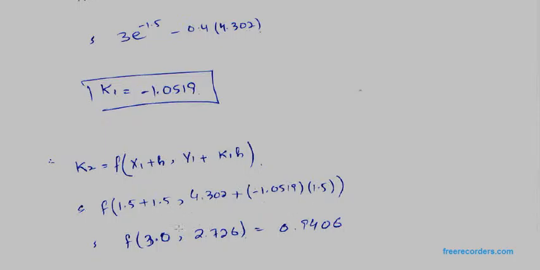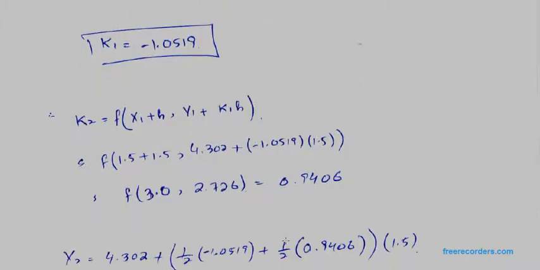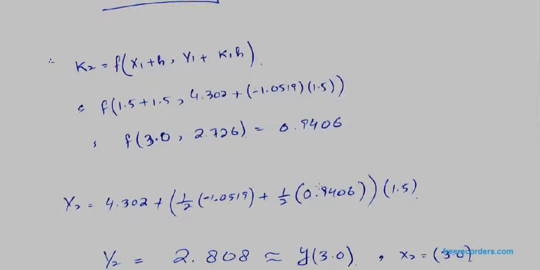This whole thing turns out to be 3.0 comma 2.729. So the value of k2 becomes 0.939406.